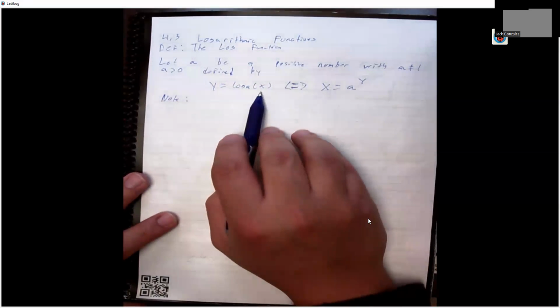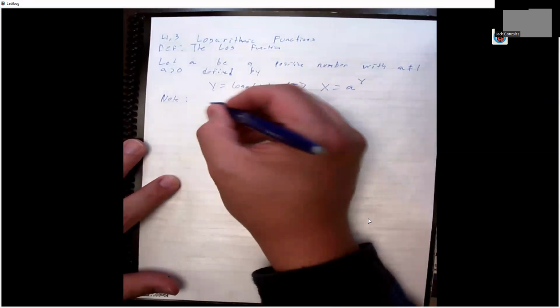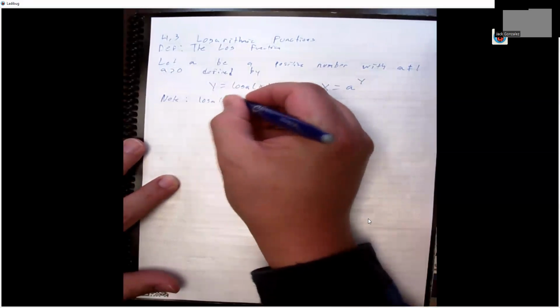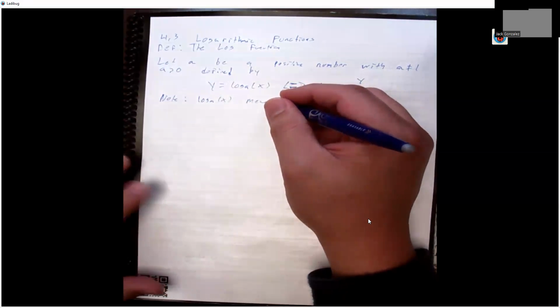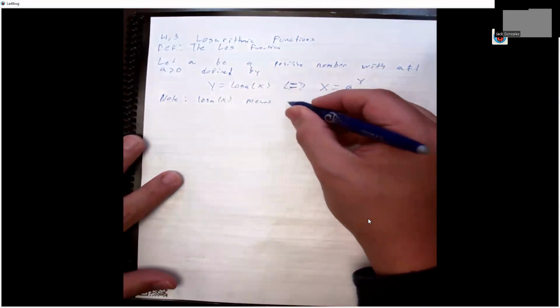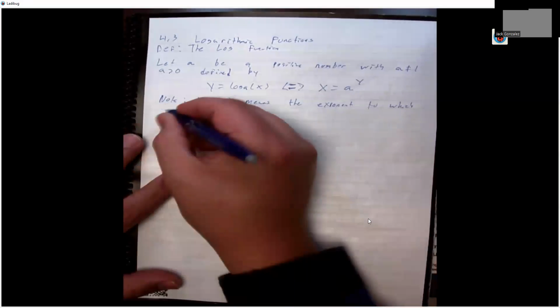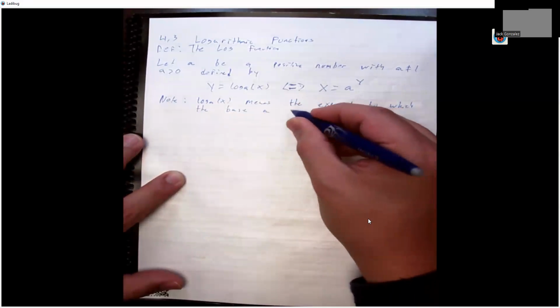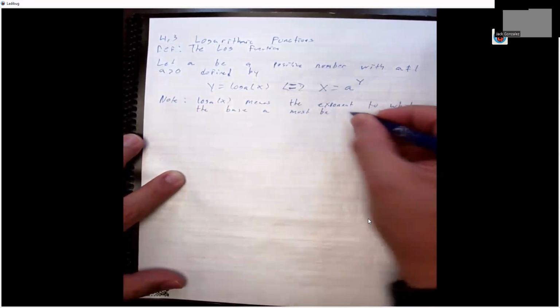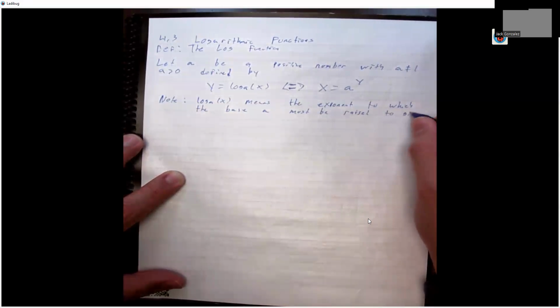So when you read log base a of x in plain English, what does that mean? It means the exponent to which the base a must be raised to give x.